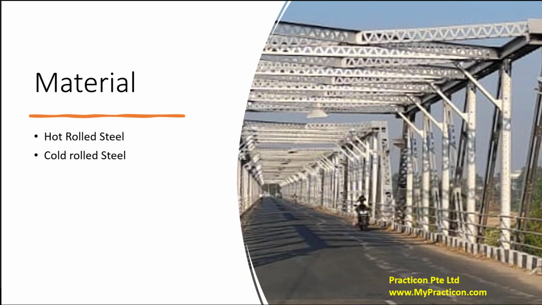Whereas cold rolled steel is processed at around the recrystallization temperature, normally very close to room temperature. Both have section shapes like angle sections, channel sections, Z sections, I sections, and T sections. Similarly, these are used in appropriate places in steel structures.